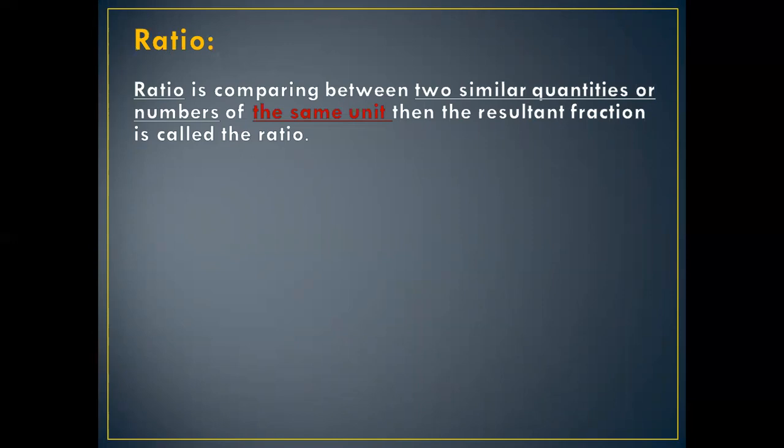So the same unit, both of them is the kilogram, okay? Or I will talk about, for example, two numbers of milliliter or kilometer or centimeter. So it must be the same unit. Both of them is kilogram, both of them is kilometer, both of them is a meter, both of them is a millimeter, so the same unit.